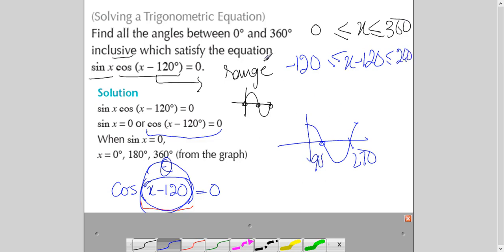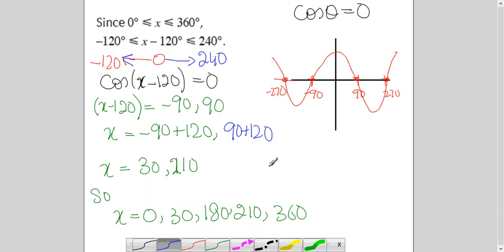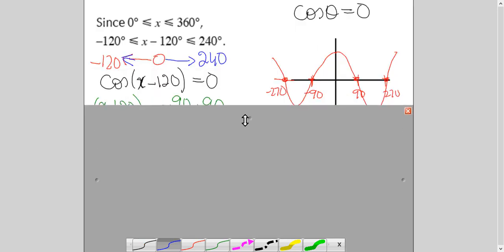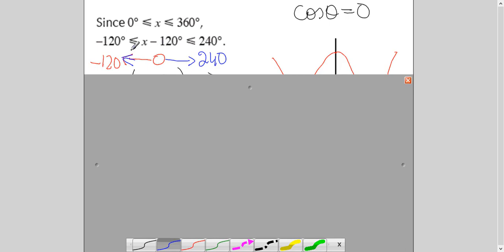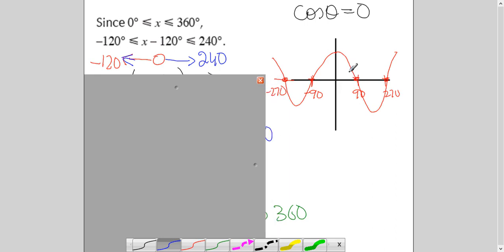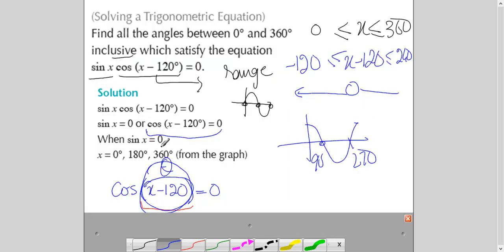So now my domain is from 0 degrees minus 120 degrees, that is minus 120, and 360 minus 120, that is 240 degrees, right? So this is what we have done so far. And we have seen that cos theta is giving us 0. So what are those angles, right? Basic angle, because we are assuming that this thing is equal to theta, and we have changed our domain for x.